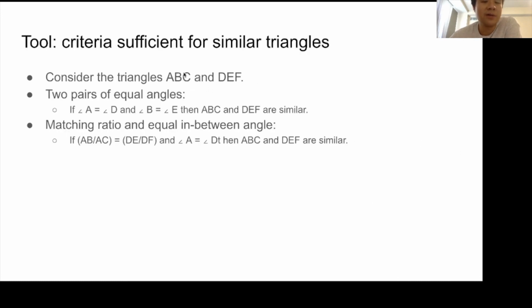Let's say you have two triangles ABC and DEF. If they are similar, meaning that A corresponds to D, B corresponds to E, C corresponds to F, then the angle at A is the same as the angle at D, the angle at B is the same as angle E, and the same goes for angle C and angle F. The corresponding lengths also follow the same ratio, meaning that the ratio AB to DE, BC to EF, and AC to DF are all the same.